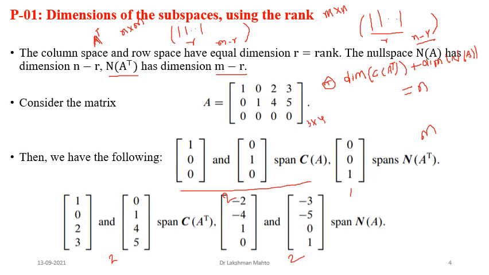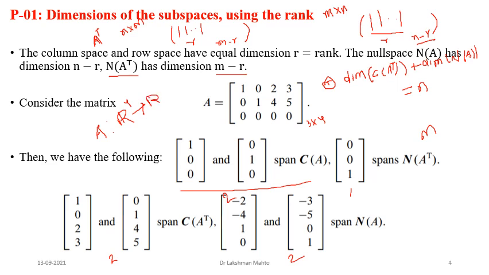So it is operating from the 4-dimensional space R4 to the 3-dimensional space R3. That's why your domain space here is R4, and the codomain space or target space happens to be R3.